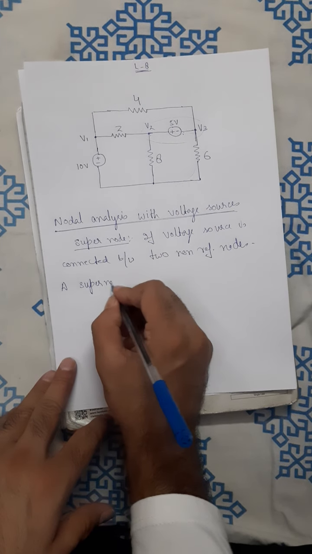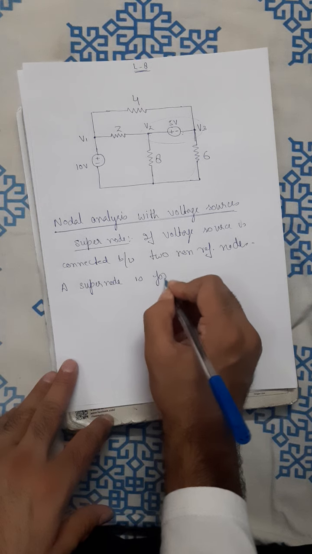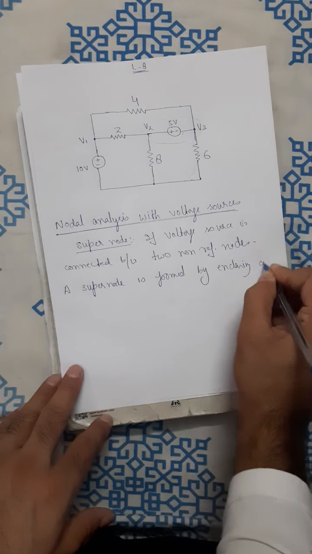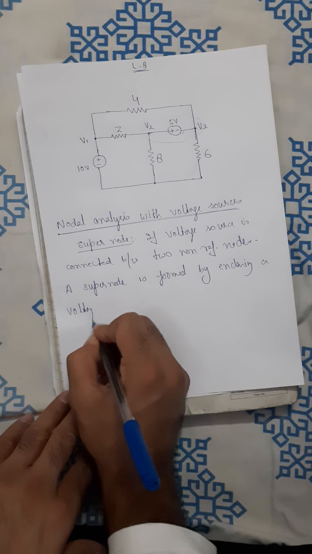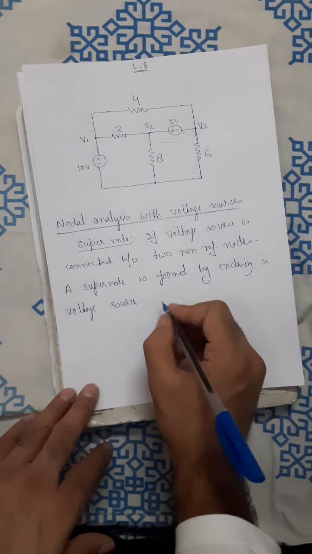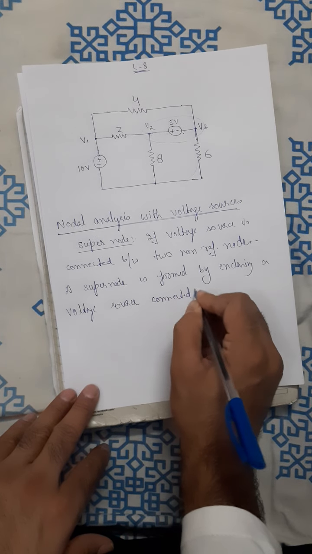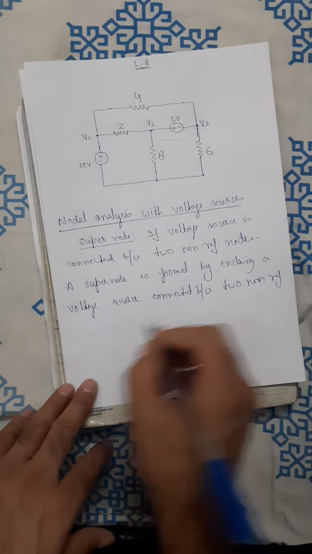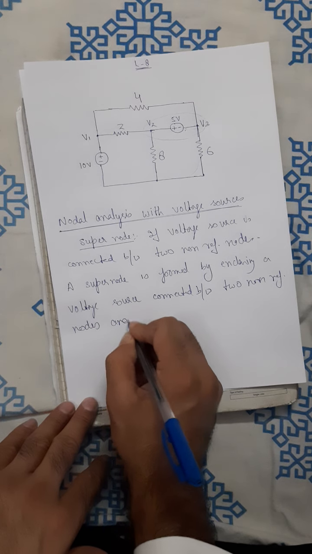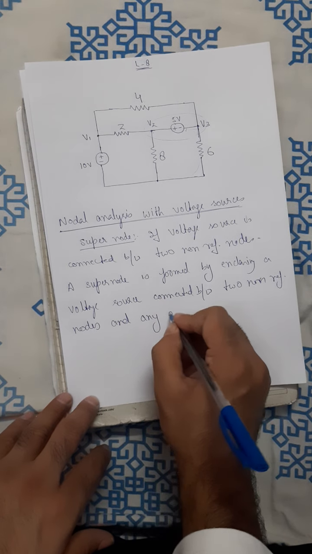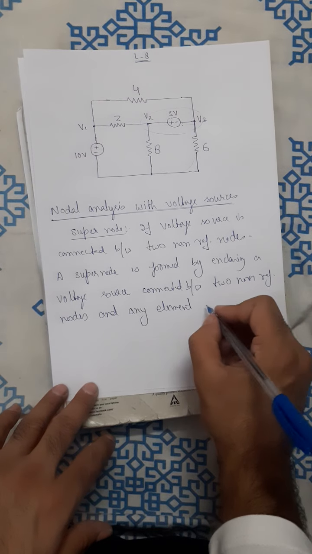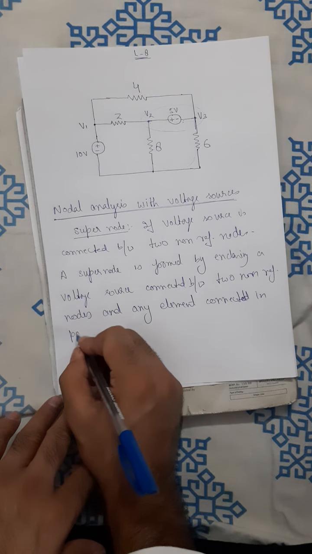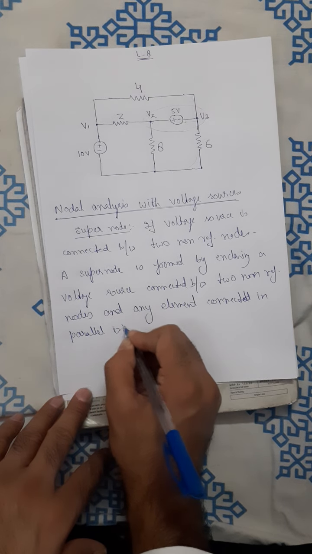A super node is formed by enclosing a voltage source connected between two non-reference nodes and any element connected in parallel with it.